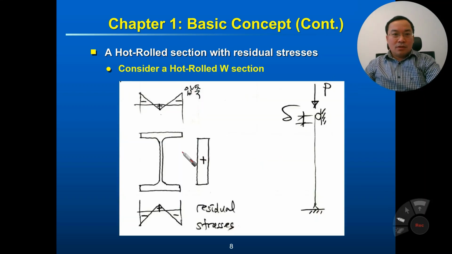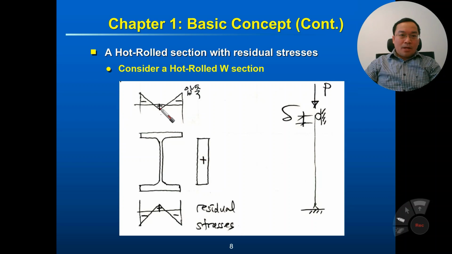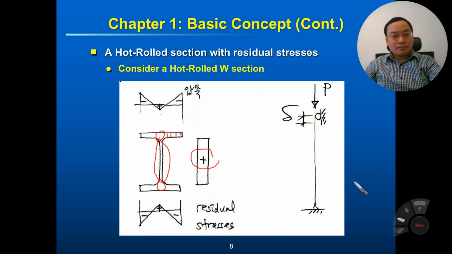Here there is residual stress in the web and a little bit in the flange. The residual stress is tension here, but this part of the flange is in compression. Now we will consider the column under compression, so we don't need to consider the tension.